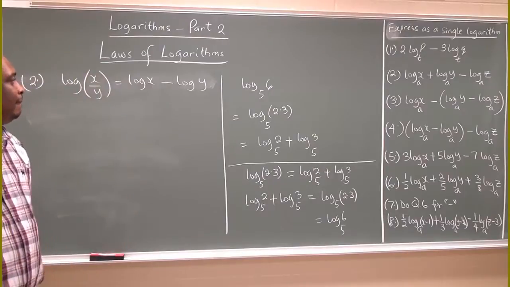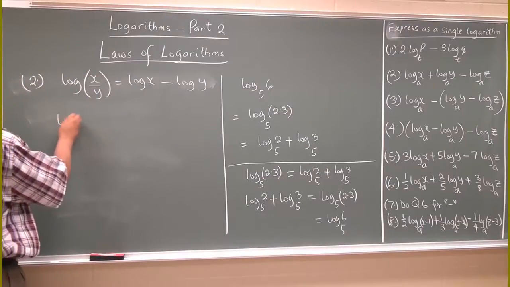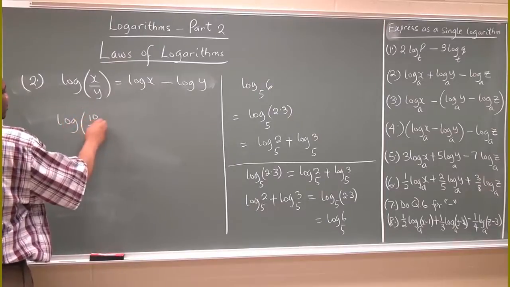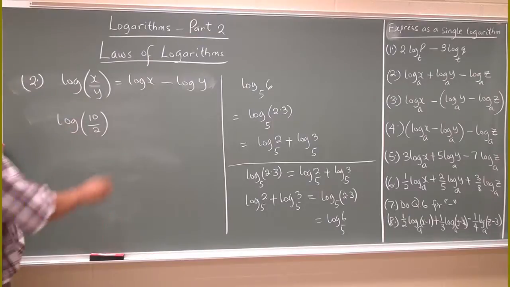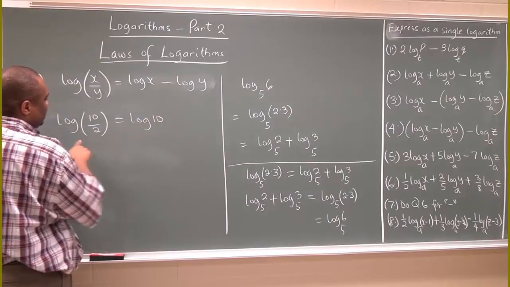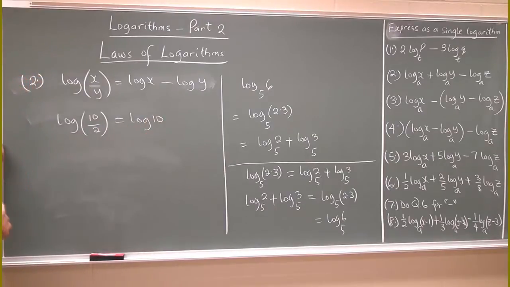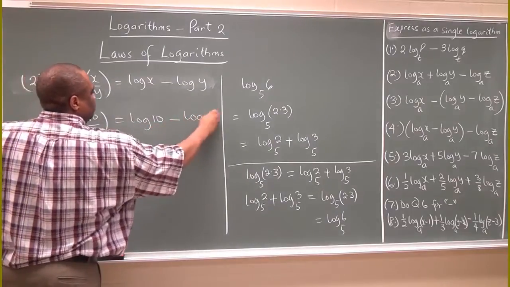So, let's say you have log 10 over 2. Okay, this means log of 10 base 10, because if there is no base, that means it is in base 10. So this is log 10 base 10 minus log 2 base 10.